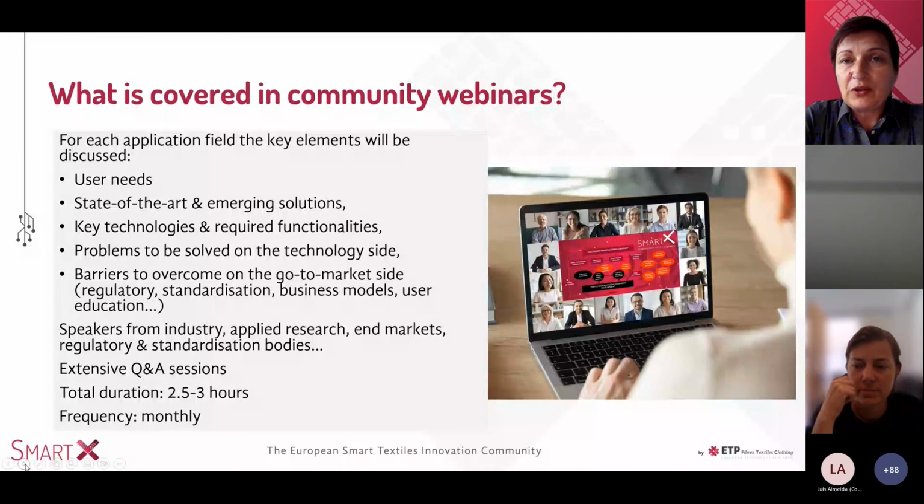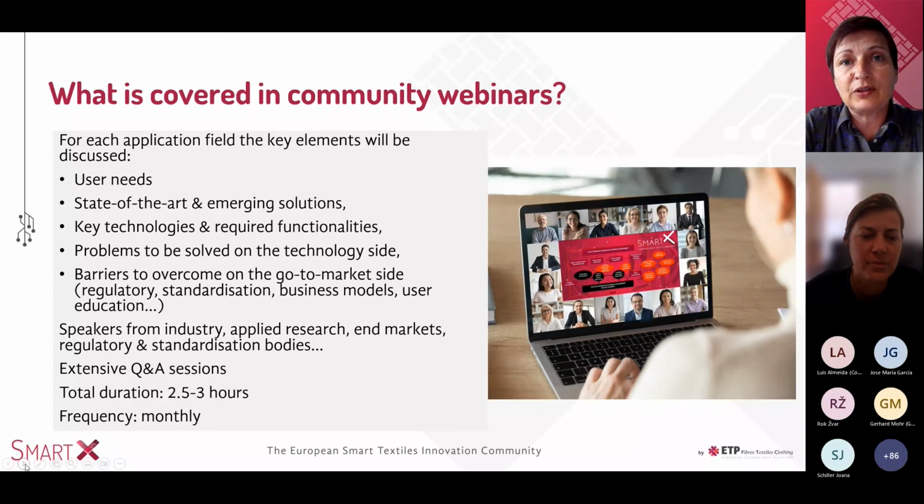Also the problems to be solved on the technology side. And absolutely, what is very important is to discuss the barriers we need to overcome to be able to launch our products on the market.